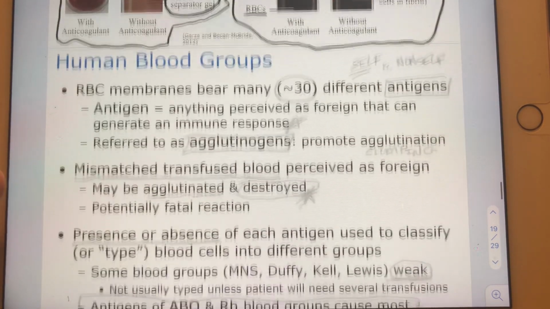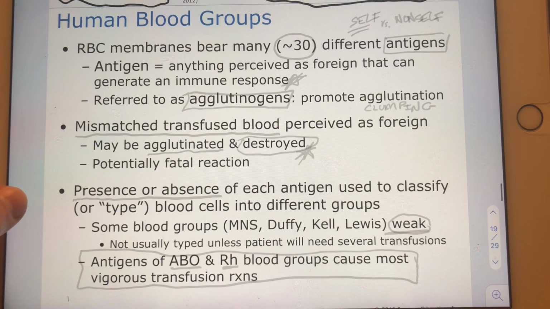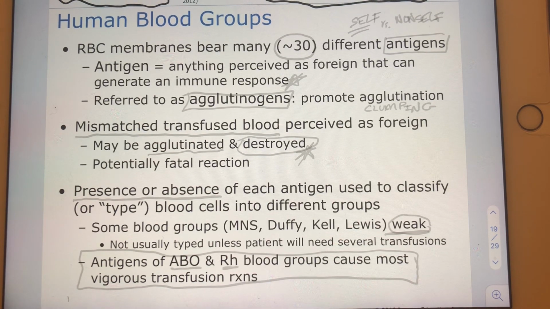Blood groups. We already know that cells in general wear lots and lots of name tags. And those name tags are called antigens. Our own cells feature self-antigens.